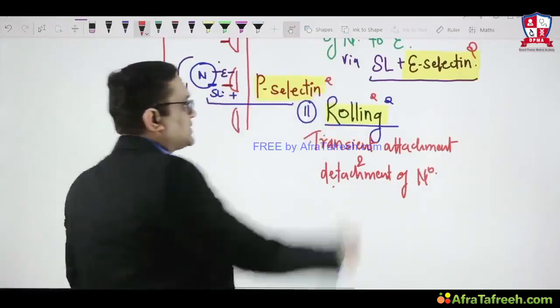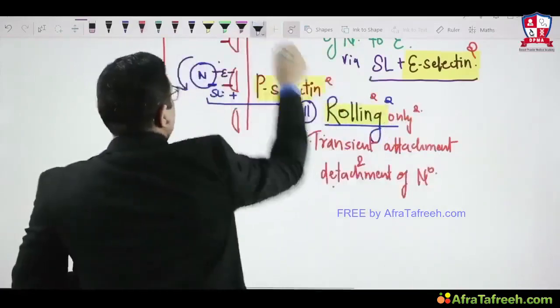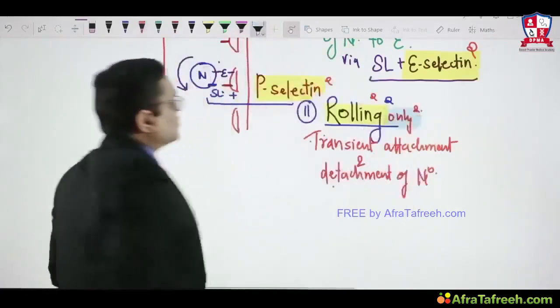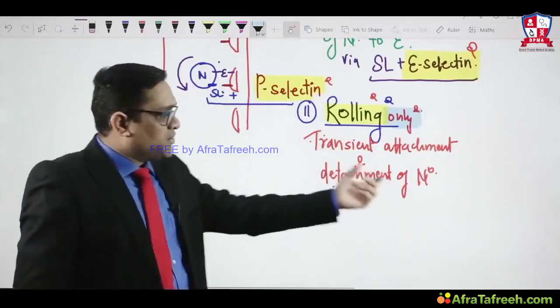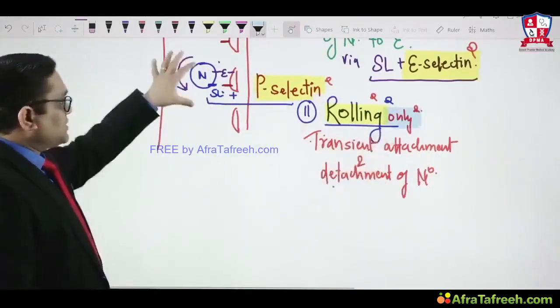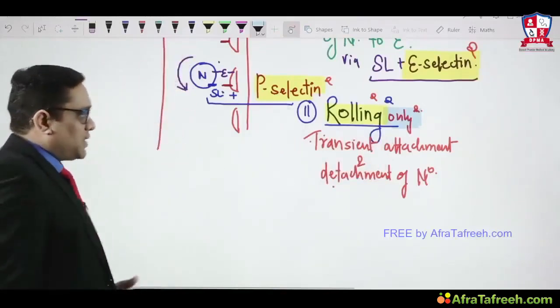So always remember, P-selectin is required for rolling only. That is how the examiner asked the question in the All India exam, right? This provides transient attachment and detachment of the neutrophil to the endothelium, and now the neutrophil will start rotating, right? So there is a tumbling movement.